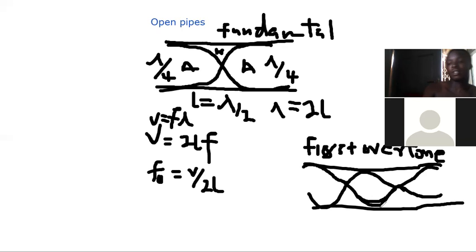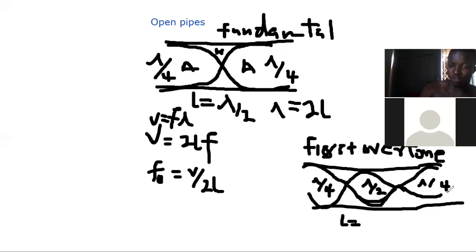So when you have something like this, you know this one will be equal to wavelength all over 2. This one will be all over 4, and this one all over 4. So the length will be equal to this plus this plus this. What are you getting? 1 over 4 plus 1 over 2 plus 1 over 4.